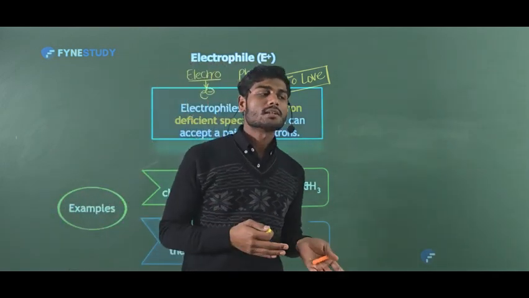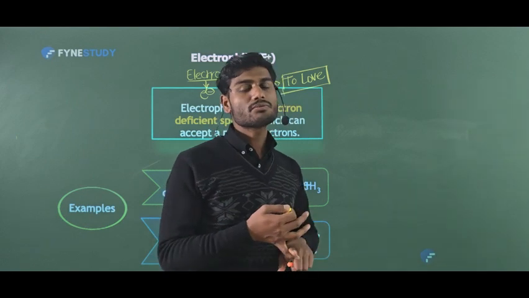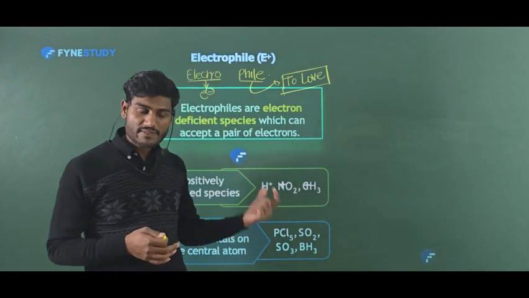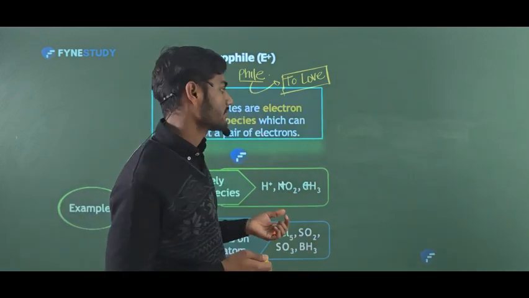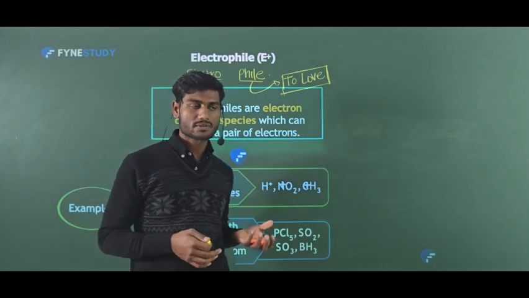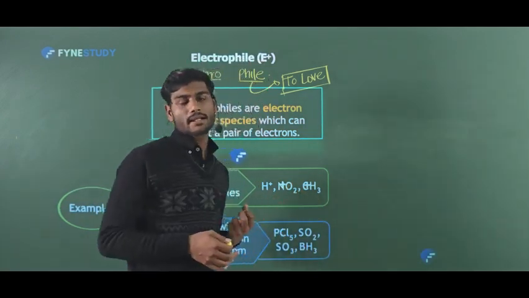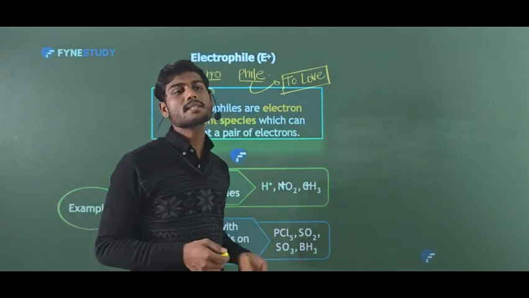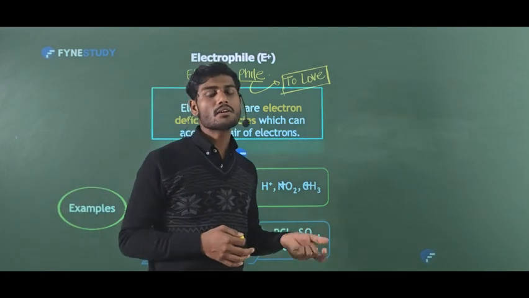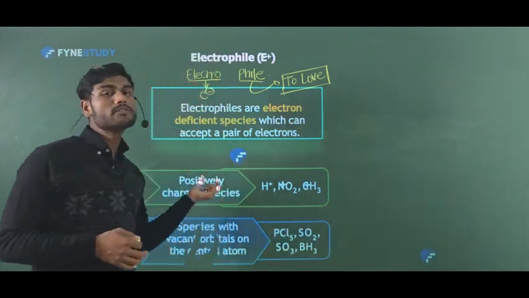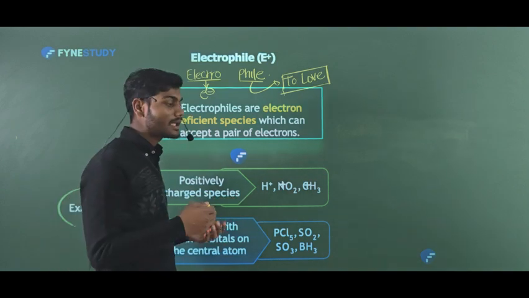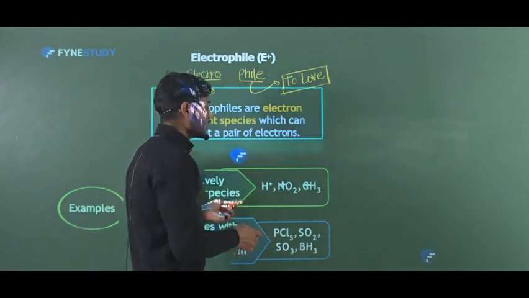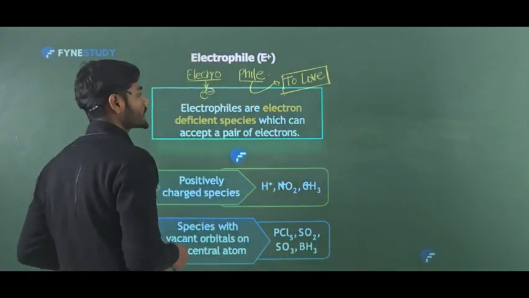That person obviously needs food, so he is deficient in food, and if he sees food, he will be attracted towards it. Same thing here: electrophiles are species having a deficiency of electrons, and they love to accept, to attract, the electron.